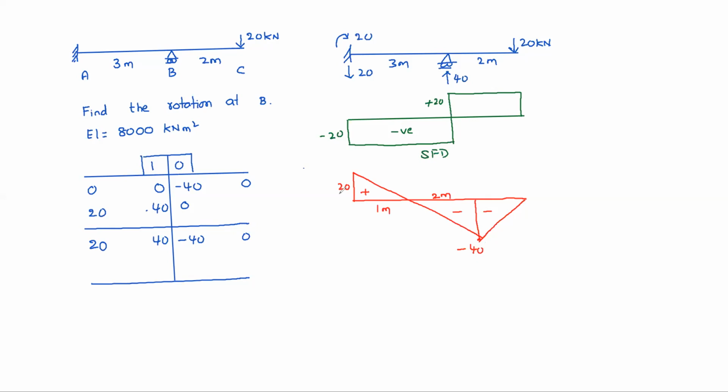Dividing with EI, you'll get the curvature diagram. Okay. So now the moment area theorem you can apply. Theta at A, you know, theta A is 0.